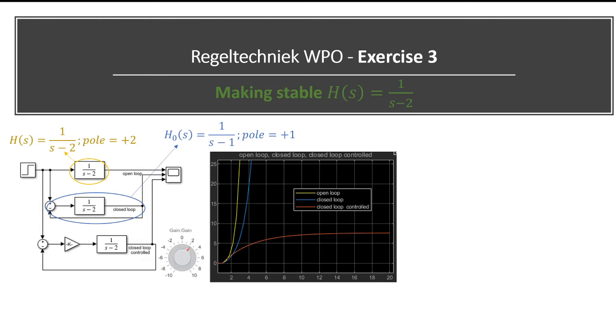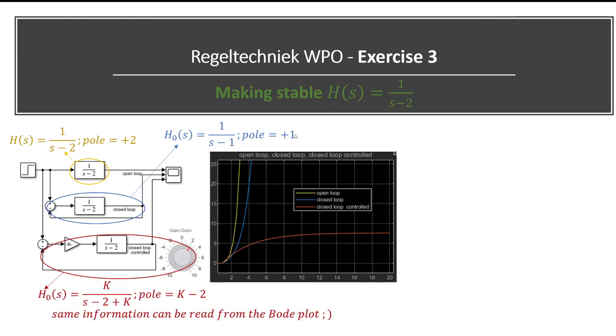And of course you can solve this problem on paper. So here we saw that in closed loop our pole will be plus 1, and we can incorporate this k in our equation. So what we see here, we have this. From this we see that the pole is k minus 2.